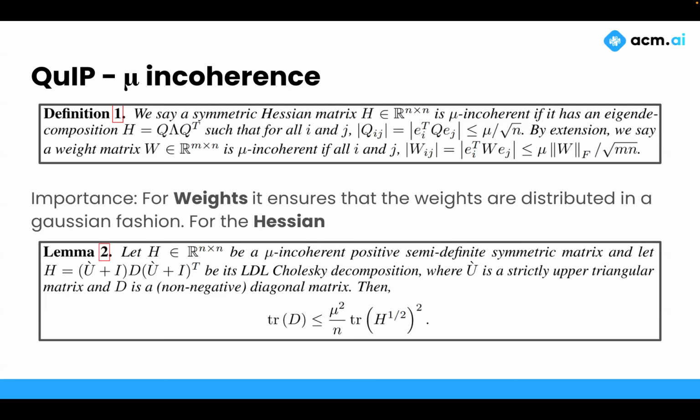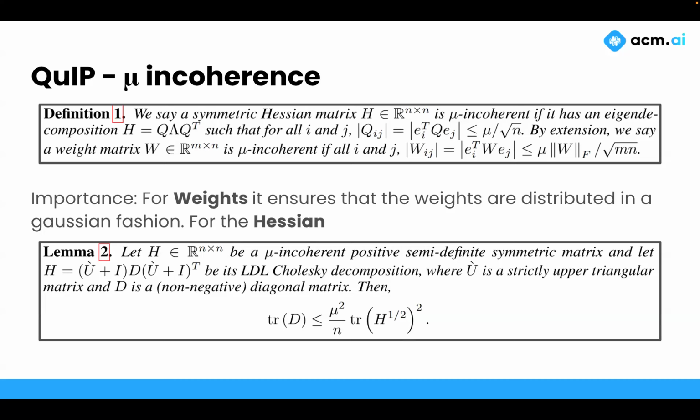So this effectively ensures that the weights are distributed in a Gaussian manner. The second is mu incoherence for the Hessian, which is basically saying that the eigen decomposition values are also bounded.